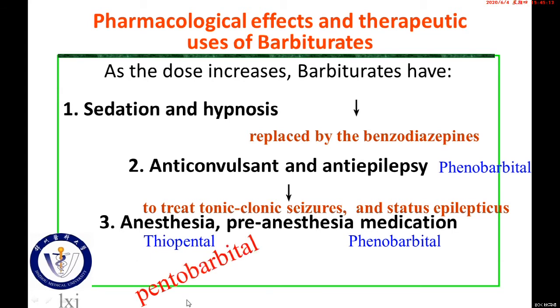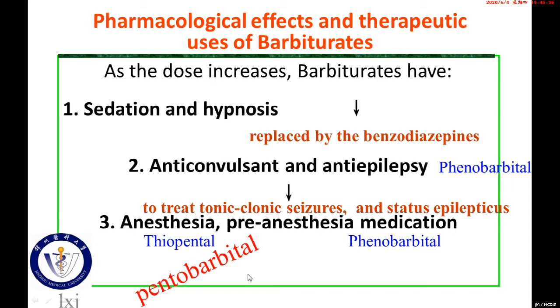Today, in your experiment, you will use pentobarbital. This preparation is actually not used for humans. But for animals, especially in experiments, this preparation is commonly used for anesthesia.